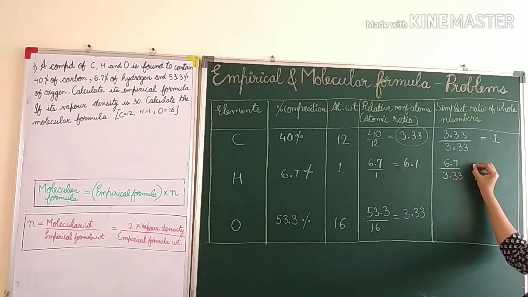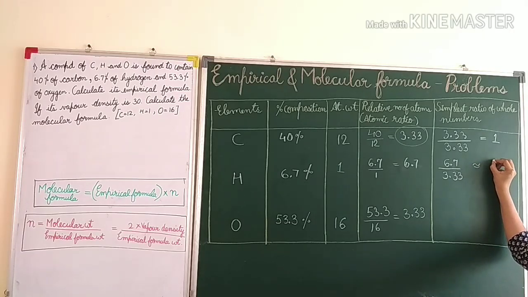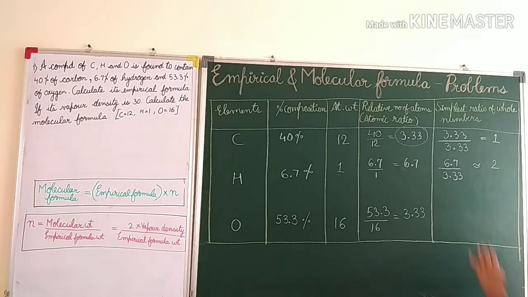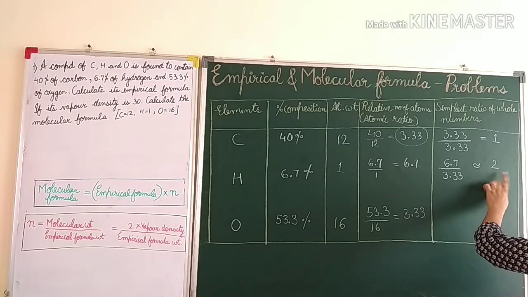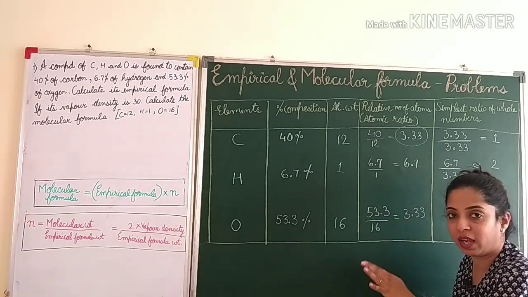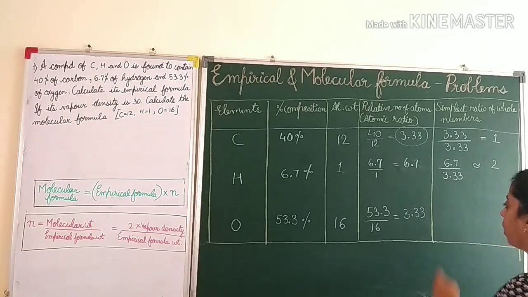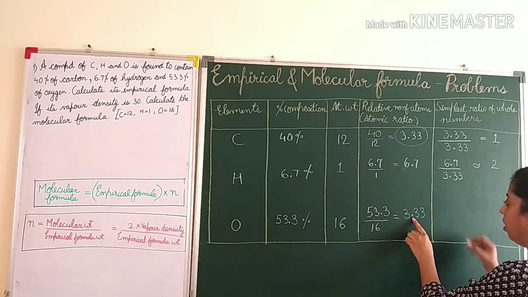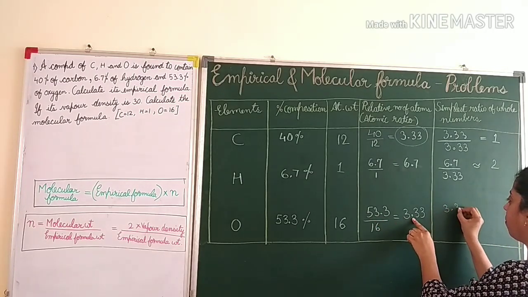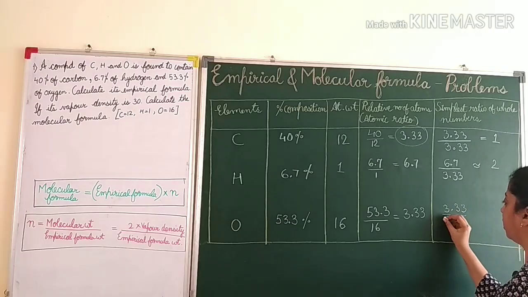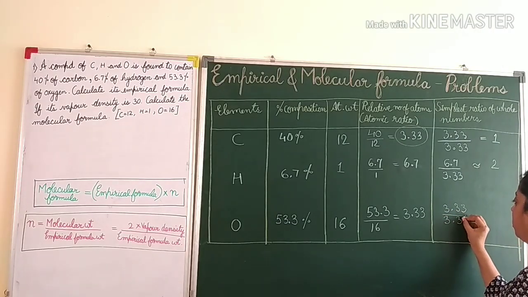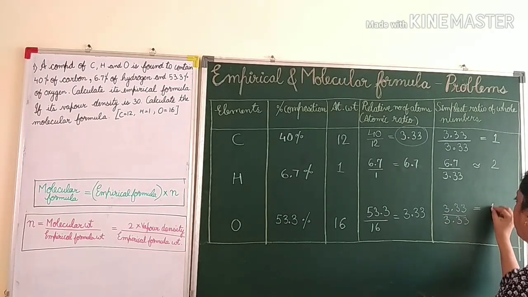So here approximately it came out to be 2. Okay. Anything that comes above 1.5 you will make it as 2. Anything which comes below 1.5 you will make it as 1. Now here again 3.33 upon 3.33. Right. So this also is equal to 1.